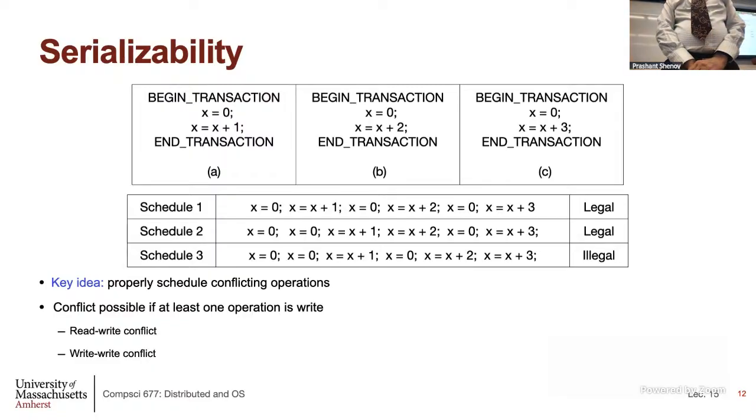So you have one data item in the database, X. All 3 transactions are modifying X. They're all running in parallel. And then at the end, let's say I show you some value of X and I ask you, is this a consistent execution of these 3 transactions? So the question is, what values of X will you accept as being consistent?